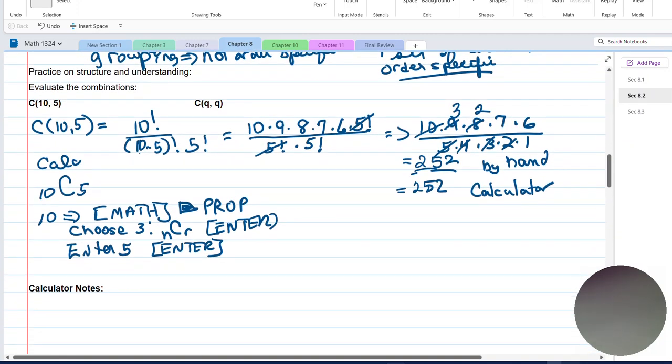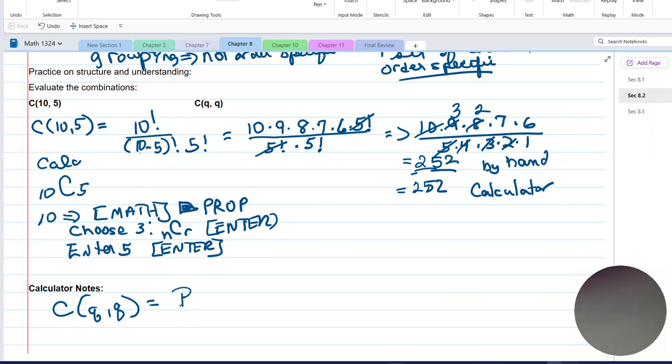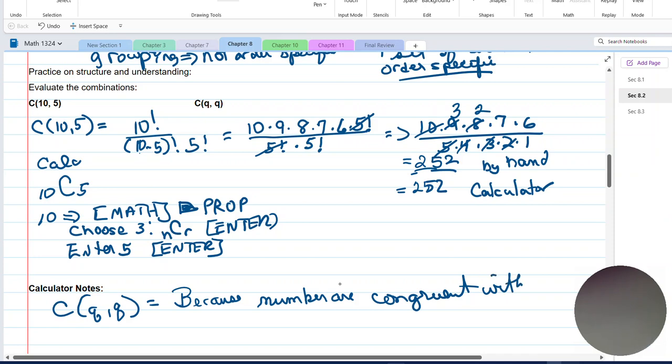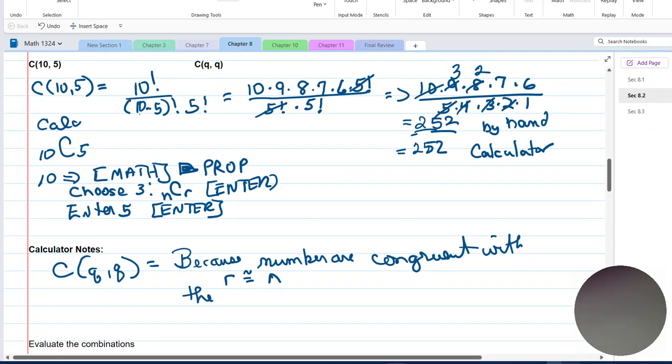We're doing Q and Q. Because the numbers are the same, and the word is congruent, then only one grouping.